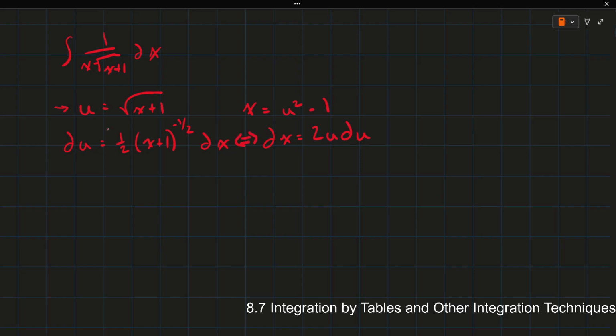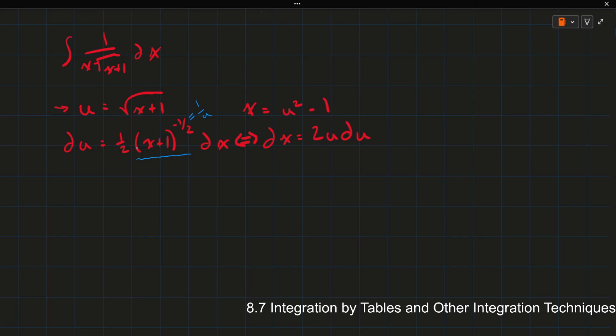Because if we work over here, let me grab my marker. There's my marker over there. Let me just write this in a different color here, just as an aside. If you think about this, this little thing here, x plus 1 to the negative 1/2, that's really equal to 1 over u, because u is the square root of 1 plus x.